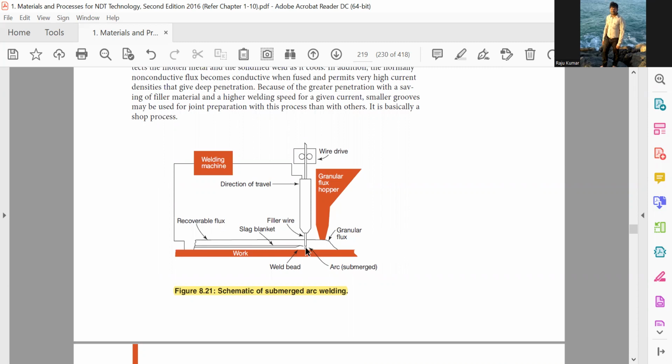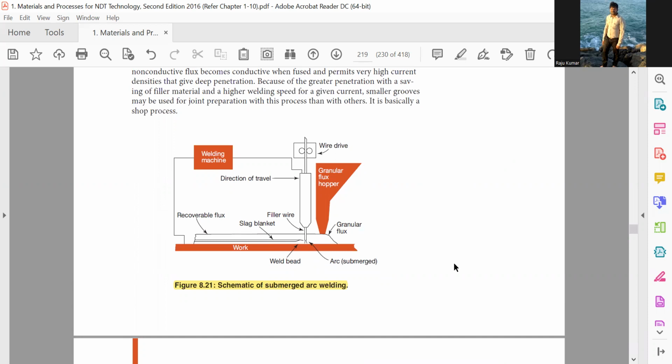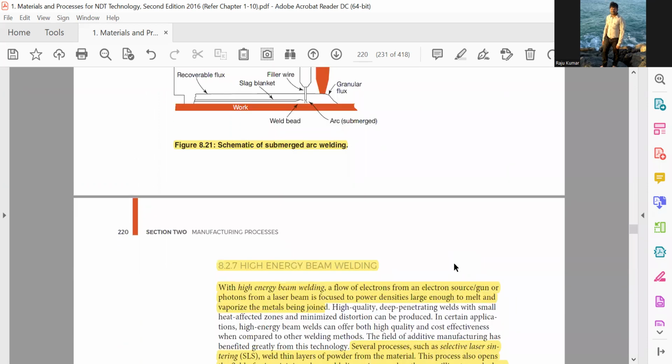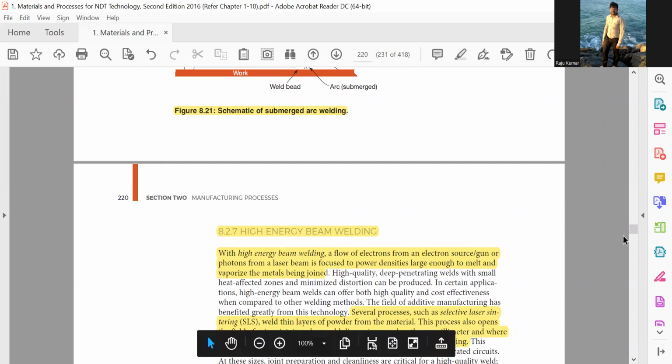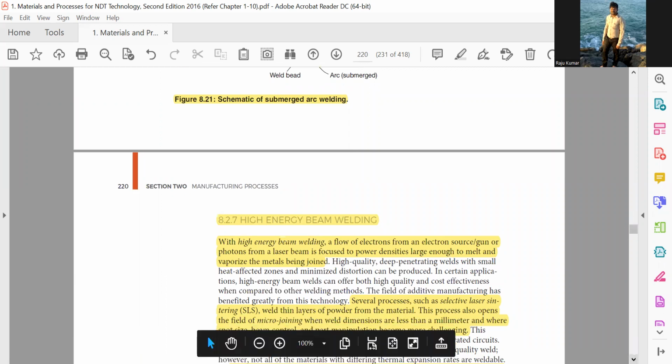Once the arc is started, it continuously welds, and we can recover the unused flux. Some flux is used for welding, and some recovered flux can be reused as per your WPS. Maybe somebody doesn't want to use recovered flux. It is up to their WPS.